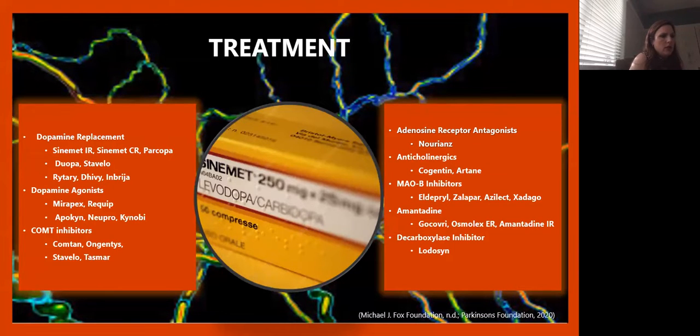Selegiline may actually cause insomnia or hallucinations, both of which are more likely to occur in older people or the advanced stages. I will tell you from recent experience in the last year or so, rasagiline is probably the most commonly prescribed medication in this classification, but insurances are dropping it from the formularies, and unfortunately it's become pretty expensive.